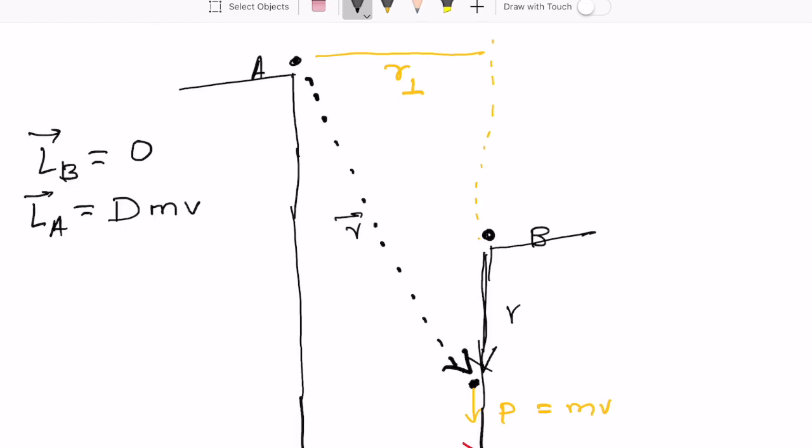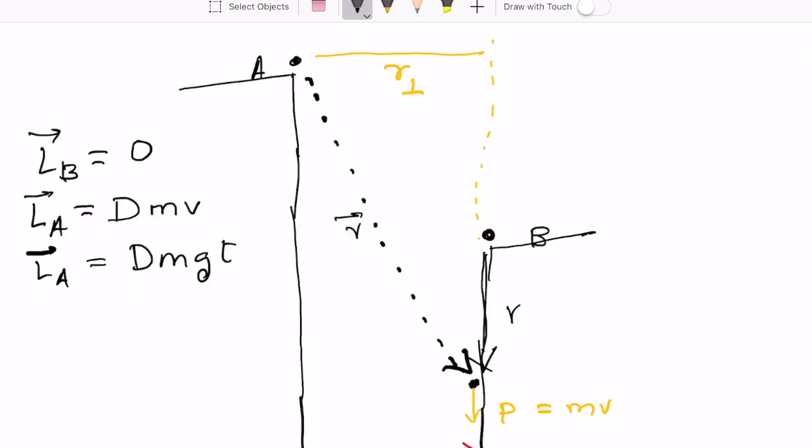So v from the kinematic equations is just g multiplied by t. So this is just going to be equal to d m g t. That's the angular momentum as measured by A, right? Okay, now, so that answers the first part.